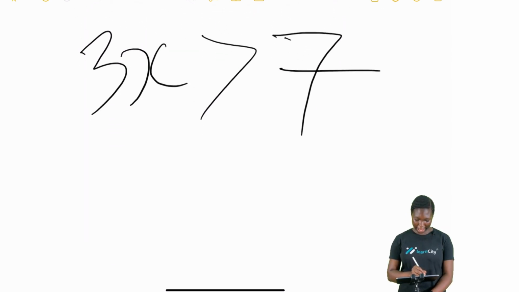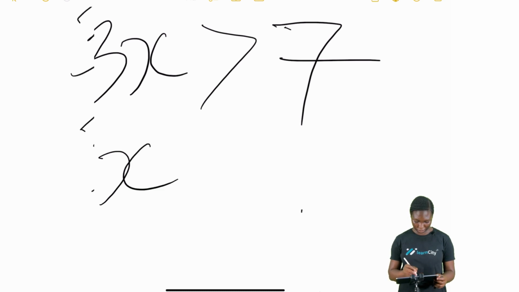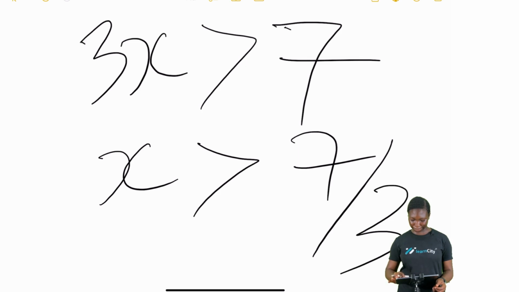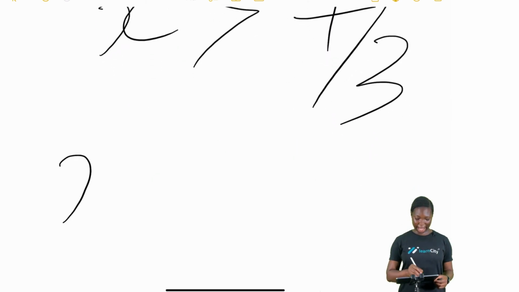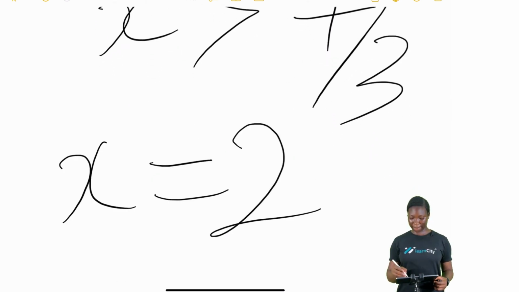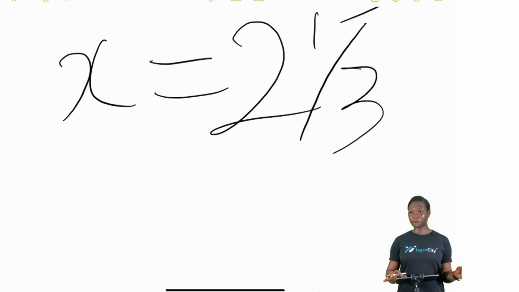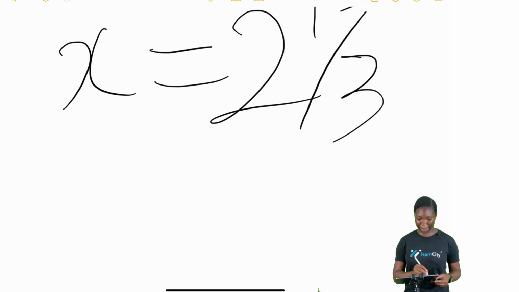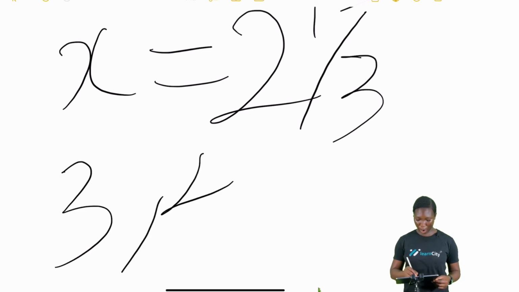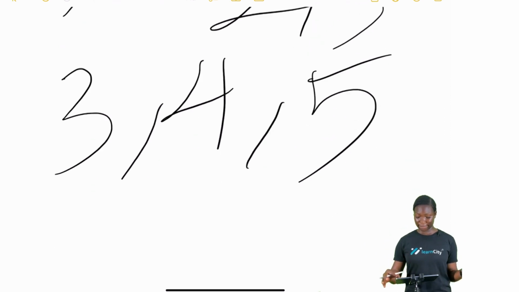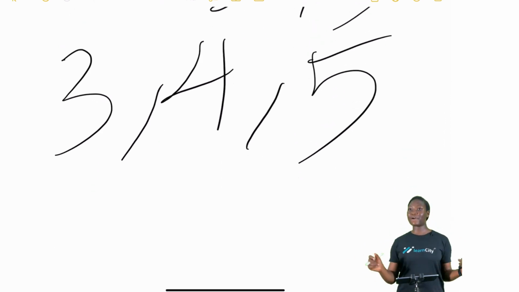We have x to be less than 7 over 3. So we have our x to be 2 whole number 1 over 3. So the lowest possible values of x will now be 3, 4, and 5. As the number is increasing, we have it to be 3, 4, and 5. These are the three lowest possible values of x.